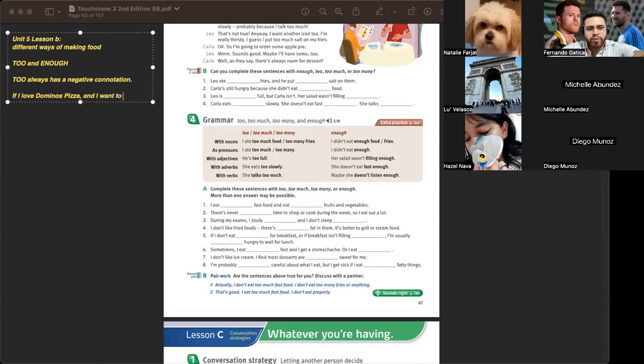And I want to express my love for the pizza. Would I say this pizza is too good or this pizza is so good? So good, exactly. This is correct.